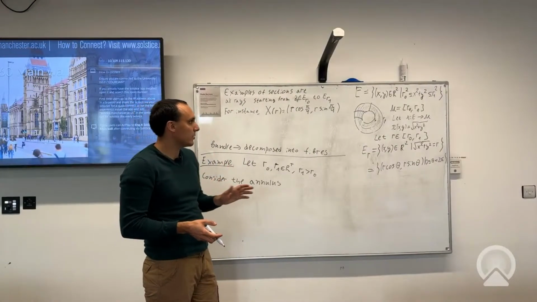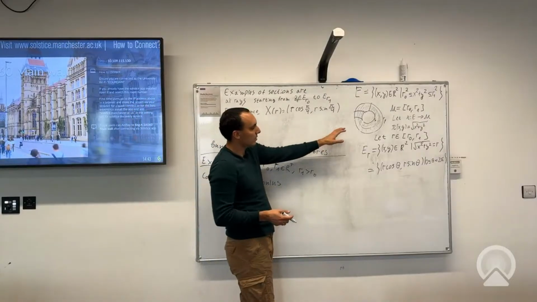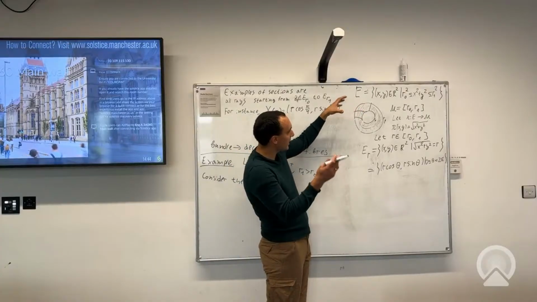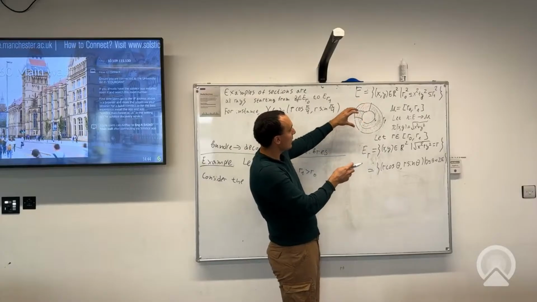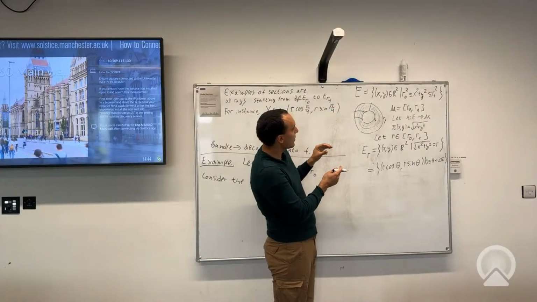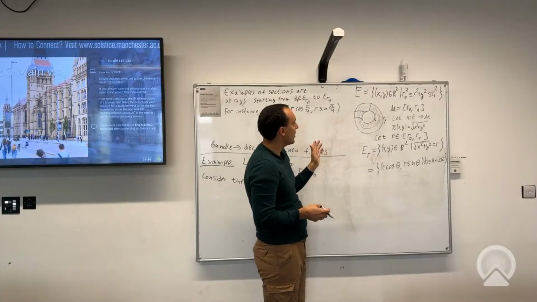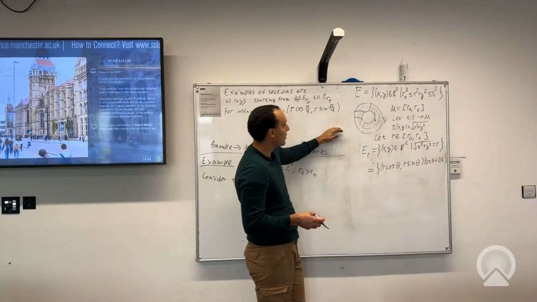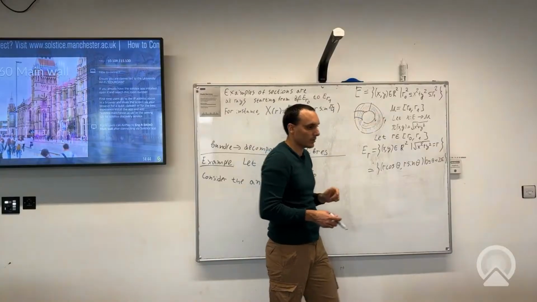So this terminology, sections, bundles, is used in differential geometry, and this is where it originates from. We have some bigger set, and the smaller space can subdivide it into fibers. And we can take a cross section, which is a map from the smaller to the bigger one.